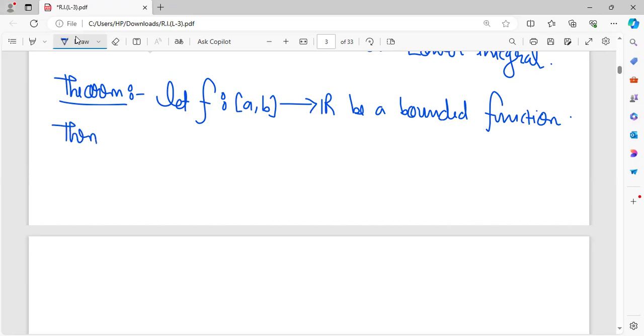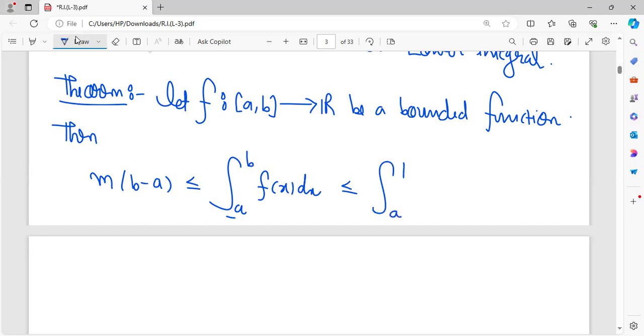Then m times (b minus a) is less than or equal to the lower integral of f(x) dx, that is less than or equal to the upper integral of f(x) dx, that is less than or equal to capital M times (b minus a).